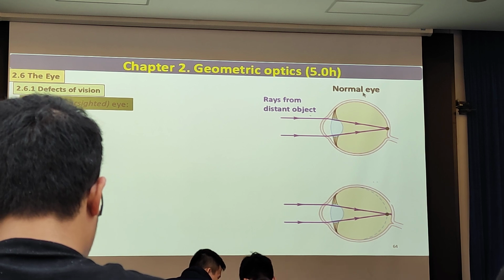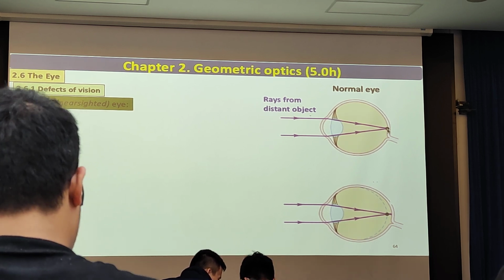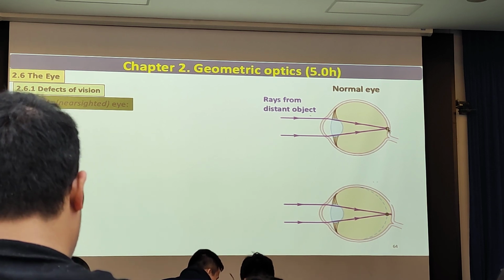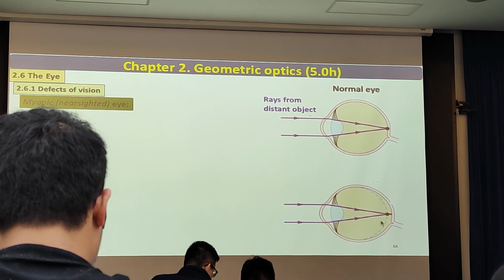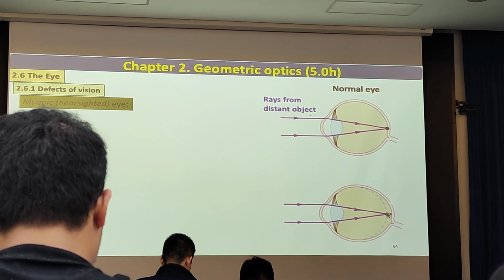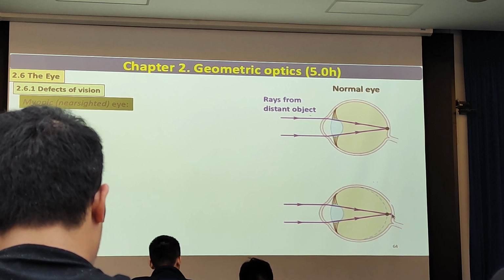So we see, for normal eyes, if you observe some very far away object, the image is formed exactly on the retina. However, if you have some difference in the shape of the eyeball, the image is not formed exactly on the retina anymore.